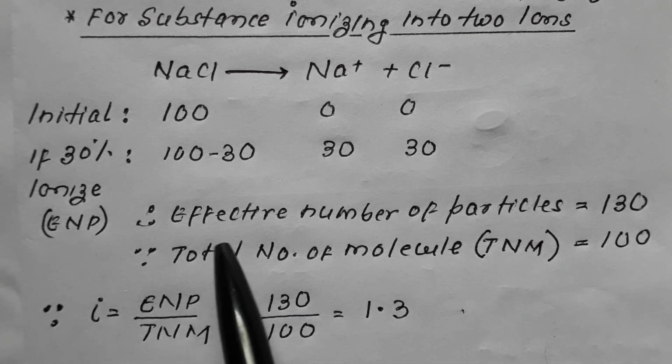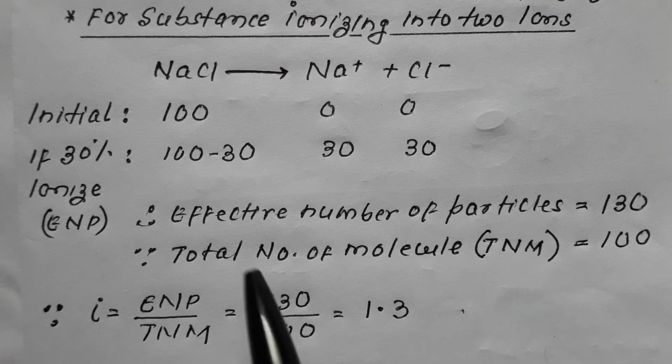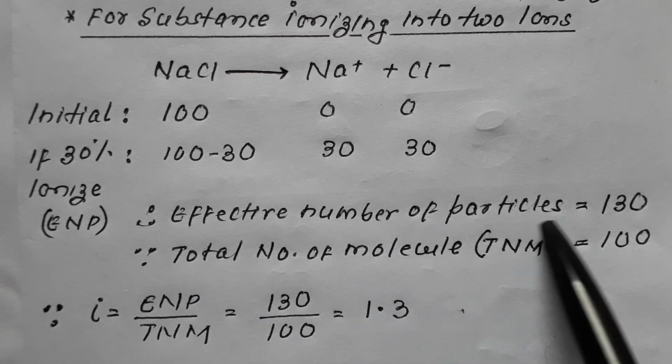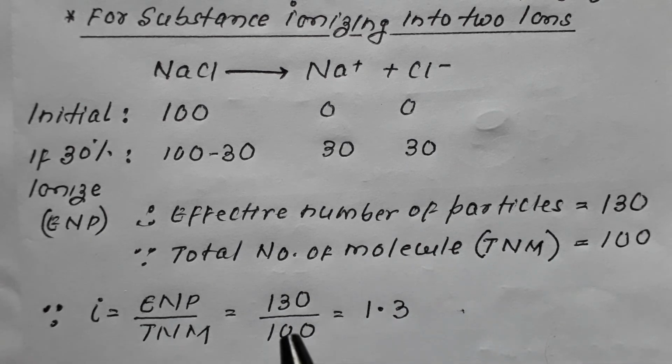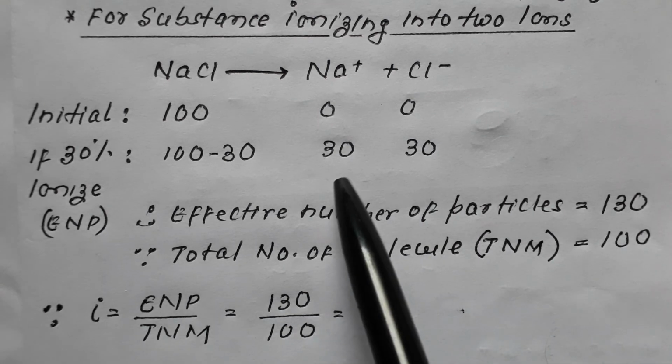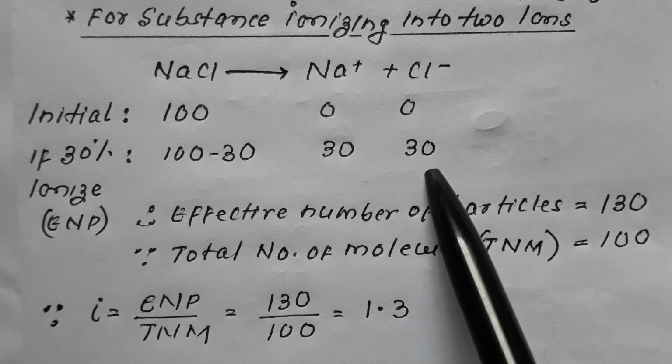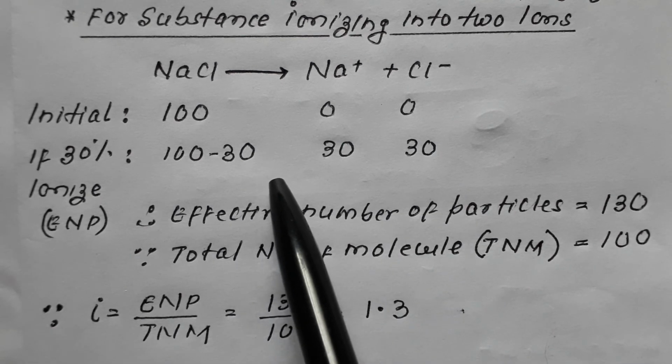So what would be the effective number of particles? The effective number of particles in the system after ionization: Na plus would be 30, Cl minus would be 30, and NaCl leftover would be 70.